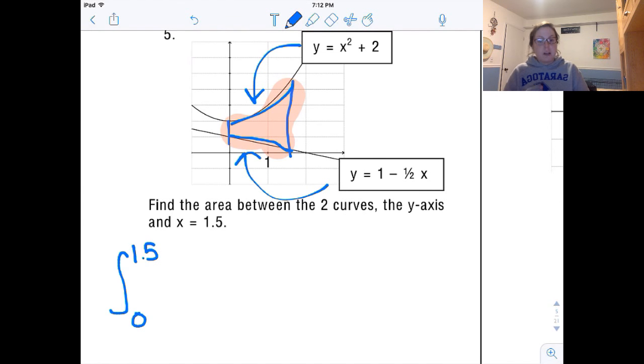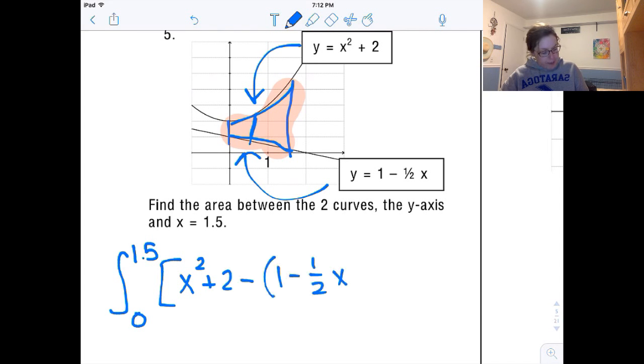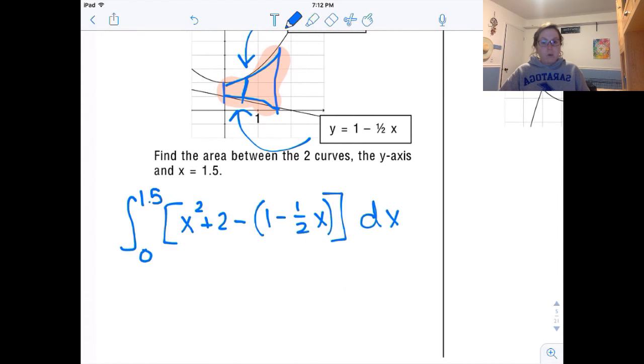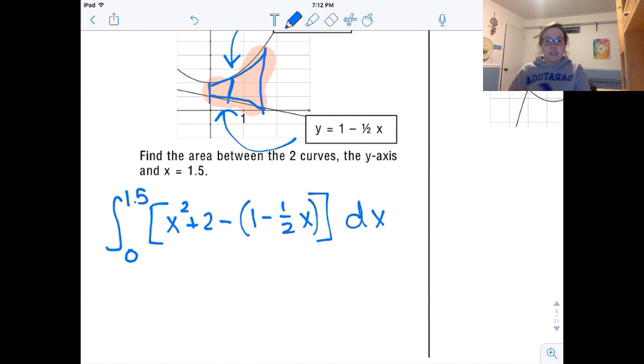This function is the lower function. So the distance between those is going to be top minus bottom, which in this case would be x squared plus 2 minus 1 minus 1/2 x. So doing that same thing that we did before, I'm doing the upper minus the lower.